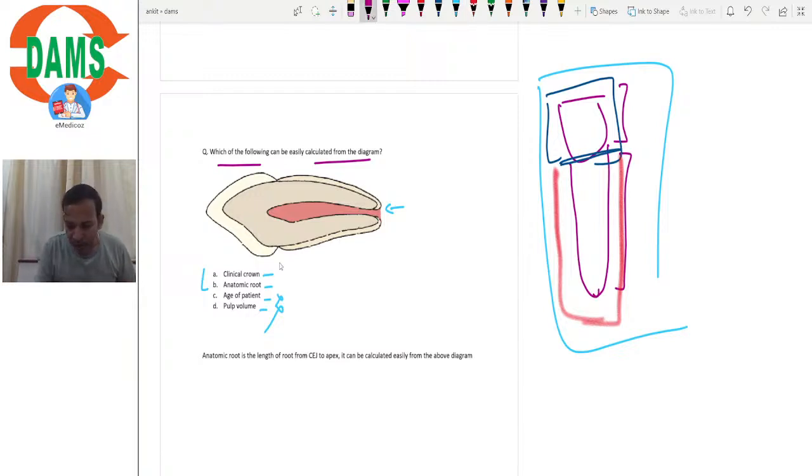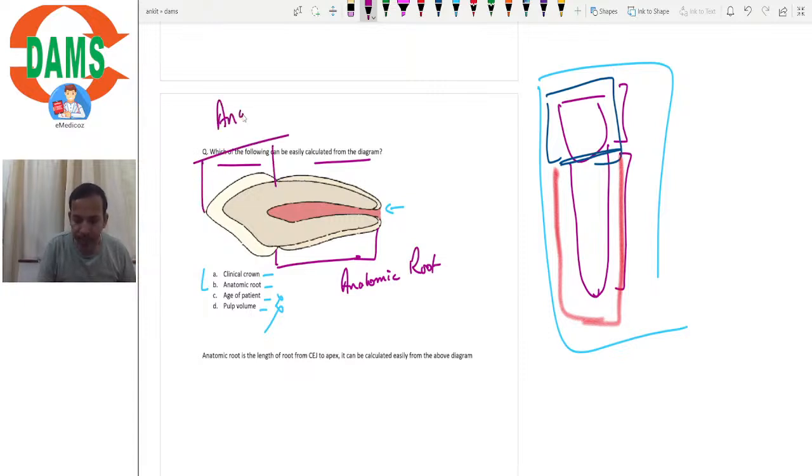So this portion from CEJ to the apex is anatomic root, and this portion is the anatomic crown. So from this diagram, we can clearly say that we can calculate the length of the anatomic root or the anatomic crown. But what is the clinical crown?